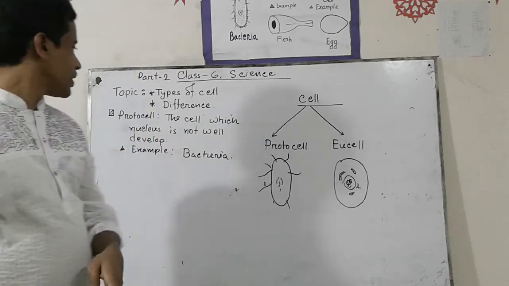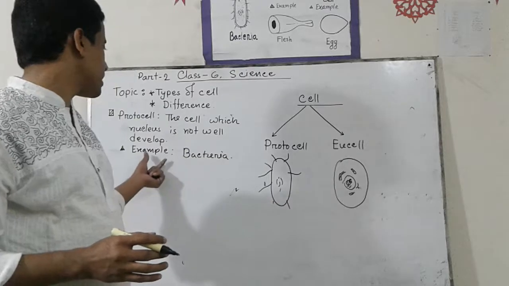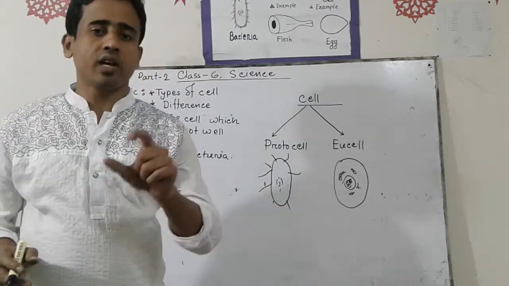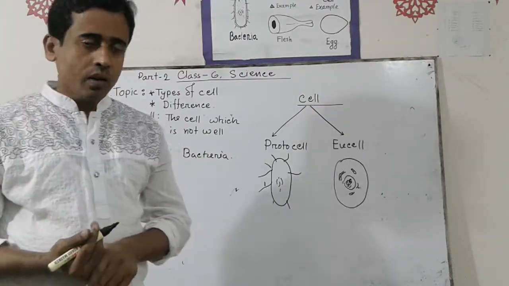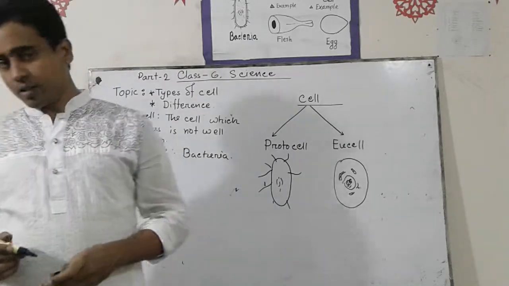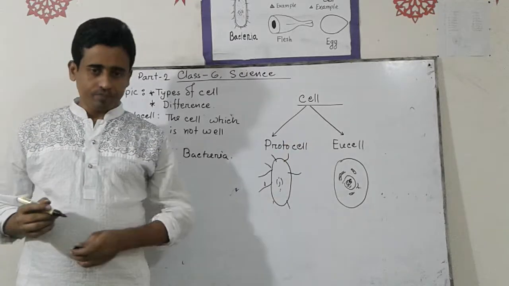So the cell whose nucleus is not well developed is called protocell. Example, bacteria, because inside the bacteria its nucleus is not well developed. Am I clear? On the other hand, eucell, the cell whose nucleus is well developed is called eucell.